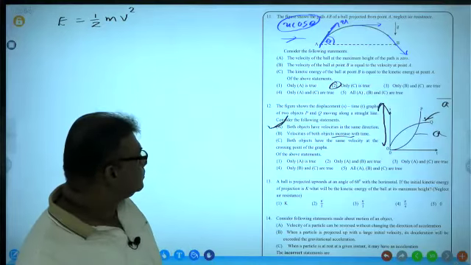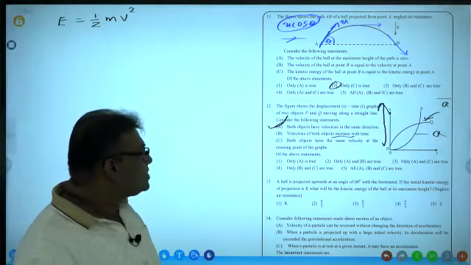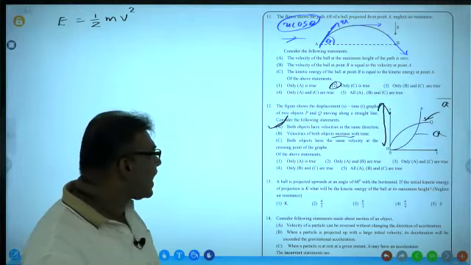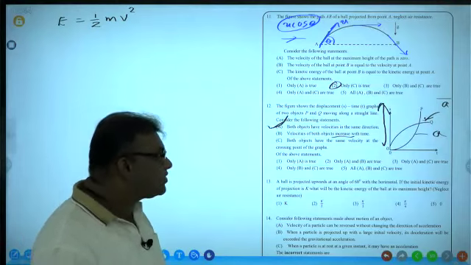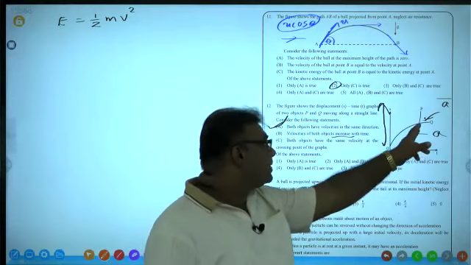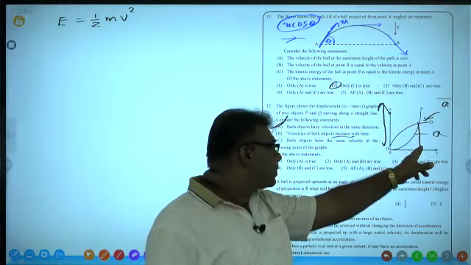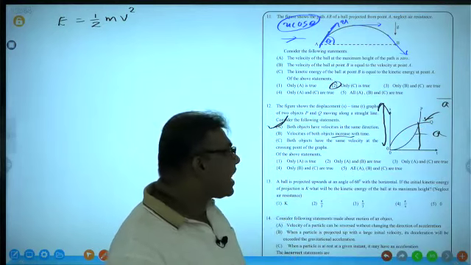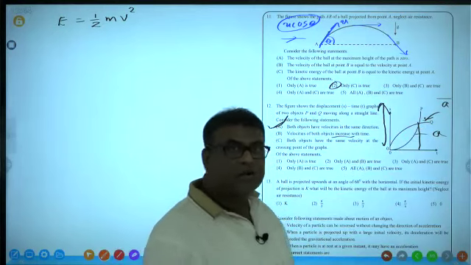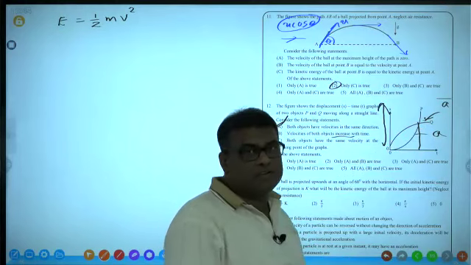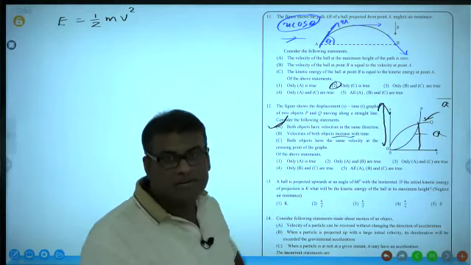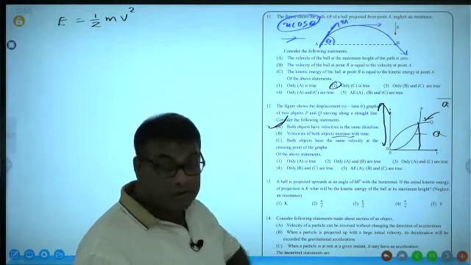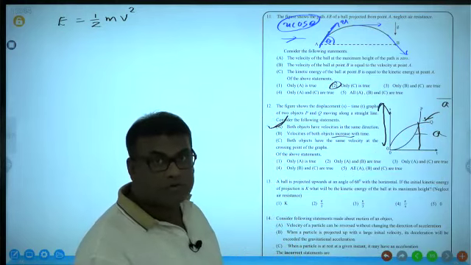C, both objects have the same velocities at the crossing point of the graph. When you consider that point, they are having two different gradients at that location. The gradient of the graph gives the velocity.